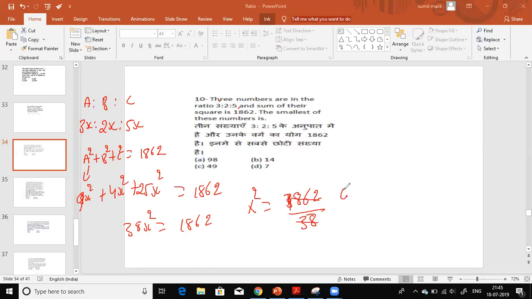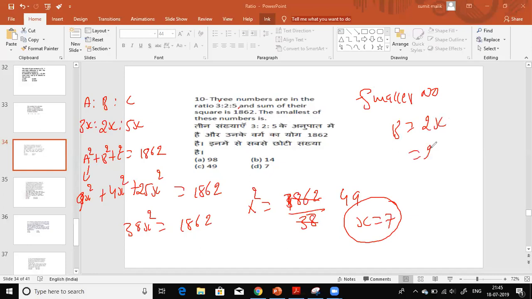So it will be equal to 49. If x square is equal to 49, then x is equal to 7. And he is asking about the smaller number. The smaller number is B, that is equal to 2x. So 2 into 7, that is equal to 14. 14 is the right answer.